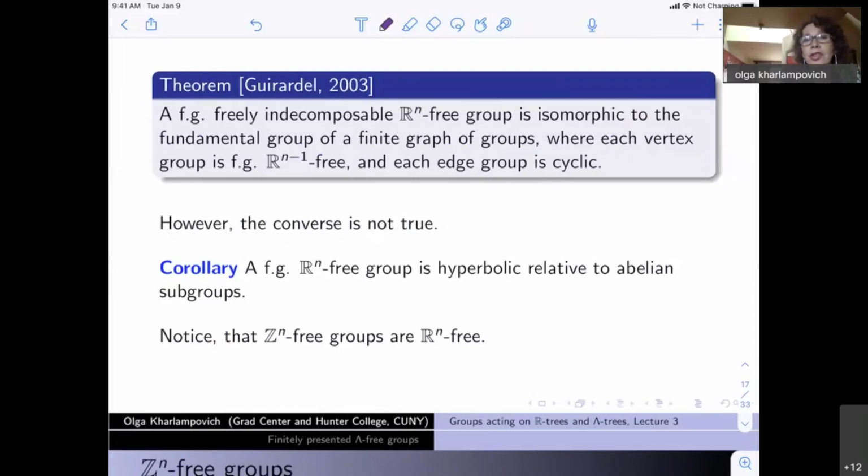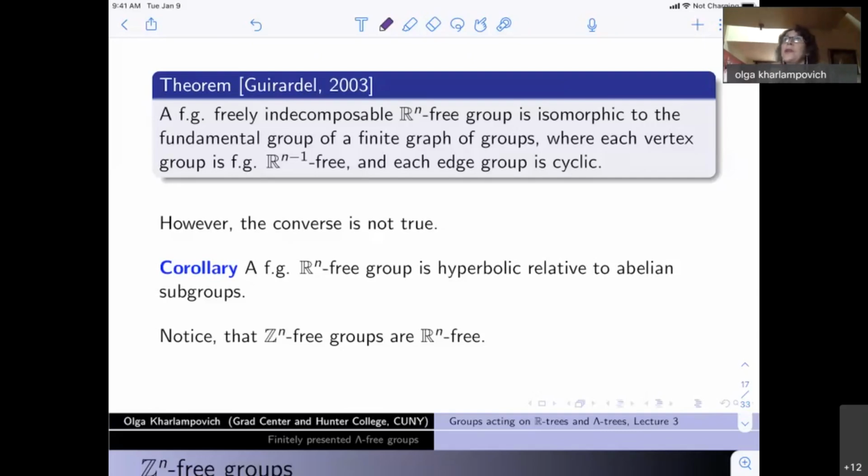So a finitely generated freely indecomposable Rn free group is isomorphic to the fundamental group of a finite graph of groups, where each vertex group is finitely generated Rn-1 free, and each edge group is cyclic. So there is a hierarchy. What do we start with?